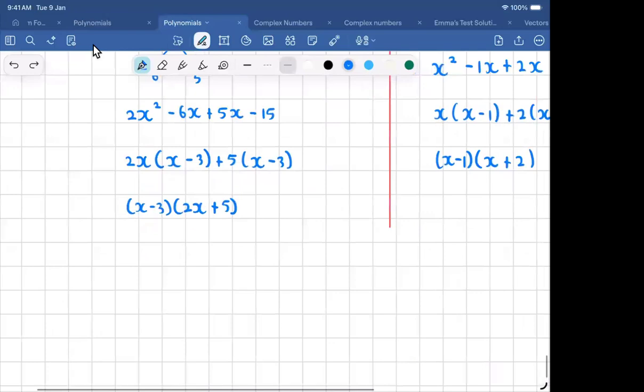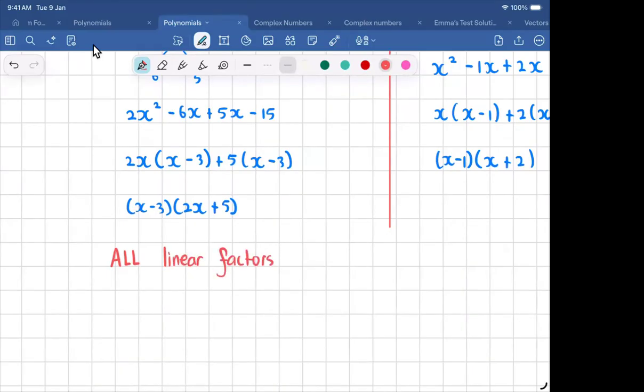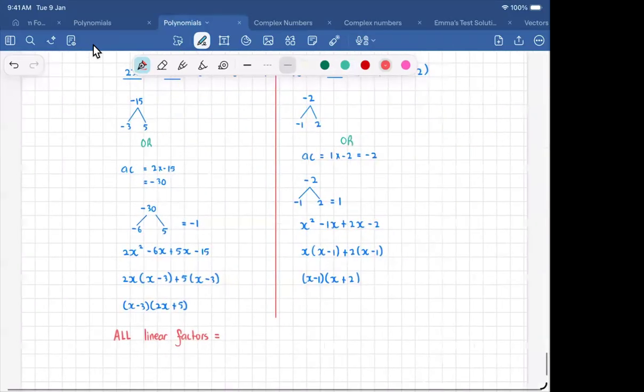Great. So all of the factors, we just write down all the factors, all linear factors specifically. For example, what are all the linear factors?